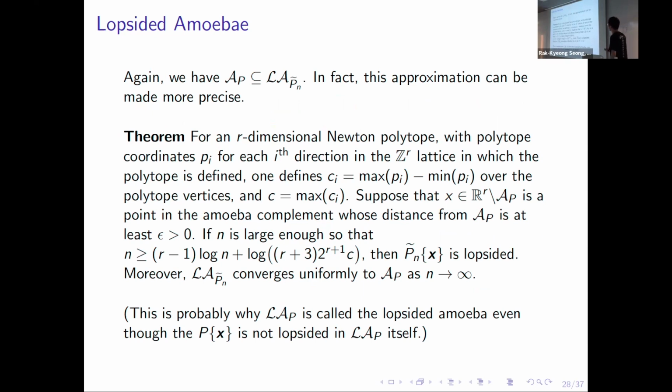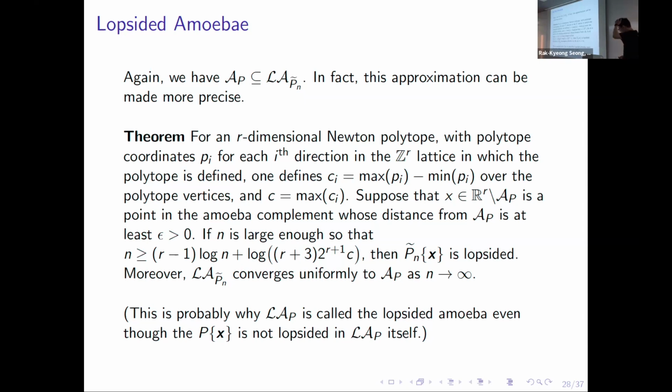Here we're just considering Z2, namely R equal to 2, but in general, you have these coordinates for the Newton polytopes, and they would in turn give some constants, which we call Ci, and we take the max of Ci, and for this constant C, if there is a point living outside the actual amoeba, with its distance at least some positive number epsilon, then we can always find some sufficiently large n's by this inequality such that this point for Pn is lopsided.